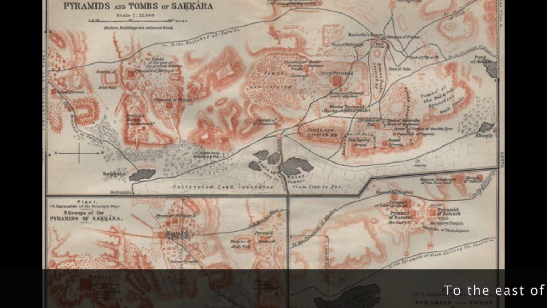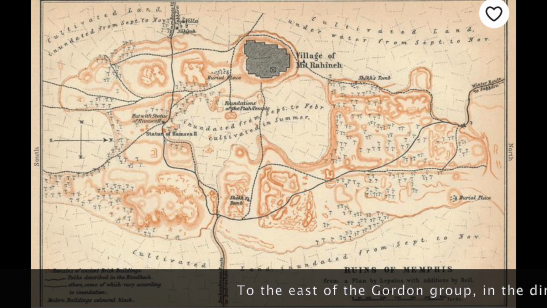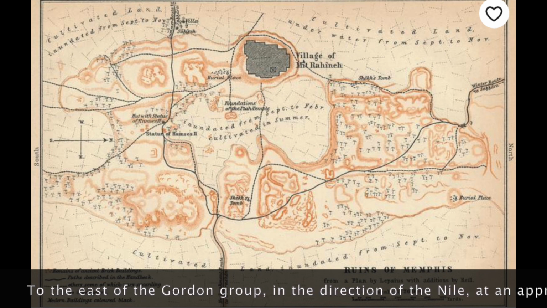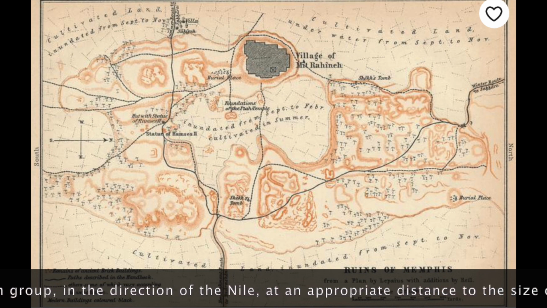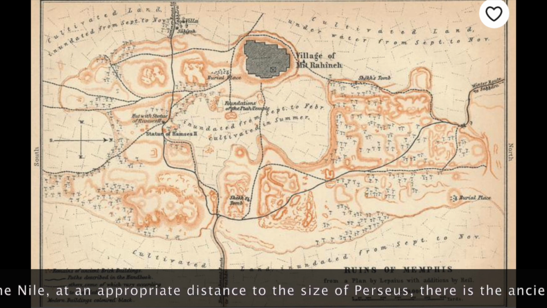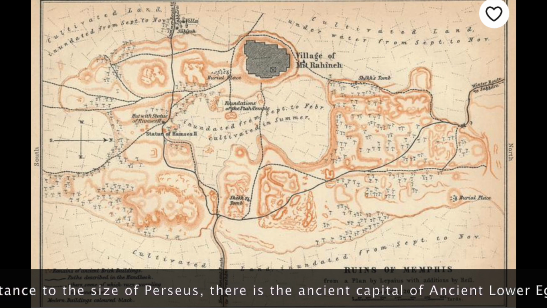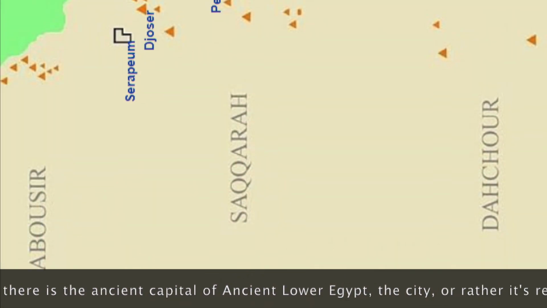To the east of the Gorgon group, in the direction of the Nile, at an appropriate distance to the size of Perseus, there is the ancient capital of ancient Lower Egypt, the city, or rather its remains, once called Memphis.